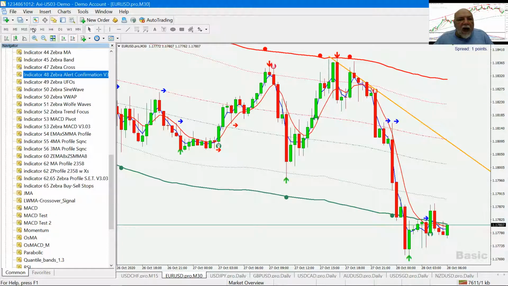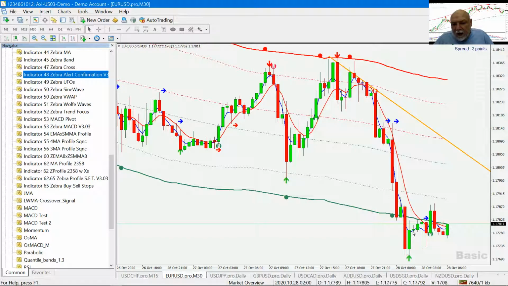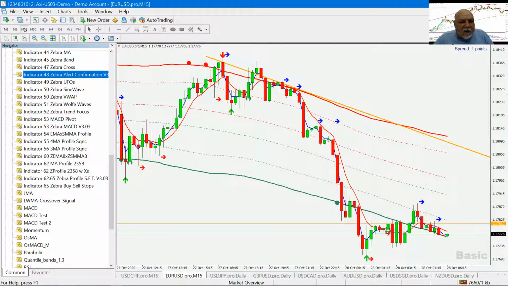I'm looking at now the 30-minute chart. And here we can see that price is starting to fluctuate up and down in this area below. Let's go ahead to the 15.